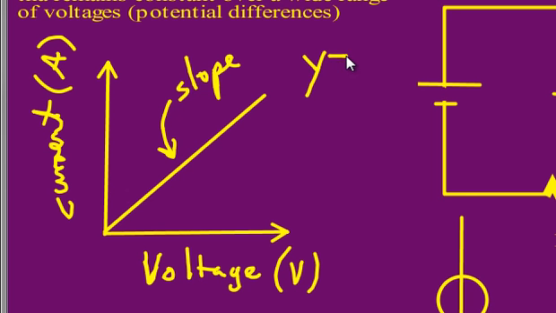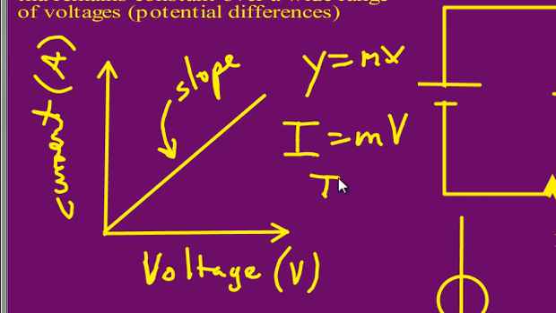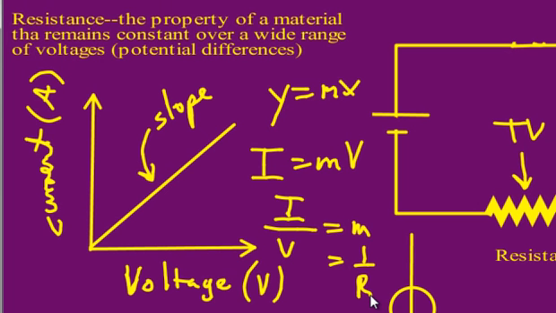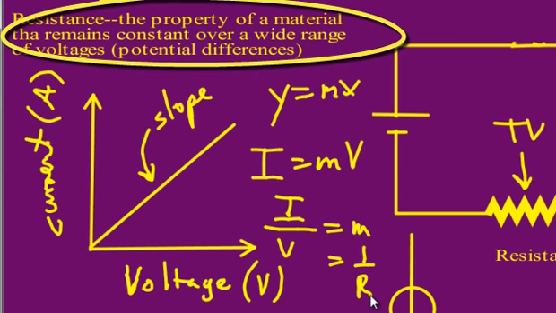And in this case, if we graph this with current on the y-axis and voltage on the x, we could see that the slope, I over V, is a constant. And in this case, that's going to be equal to 1 over the resistance. So depending on what you graph, voltage versus current, or current versus voltage, you'll have the slope equal the resistance or 1 over the resistance. But at any rate, we found that there are certain materials that behave this way. And that property that stays constant, we're going to call that resistance.